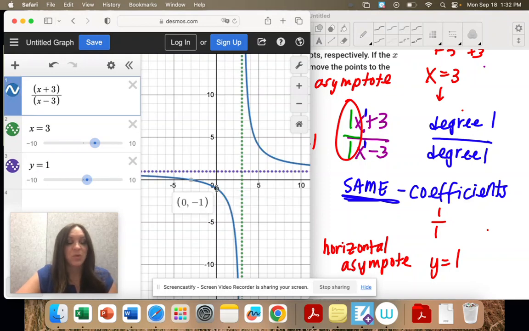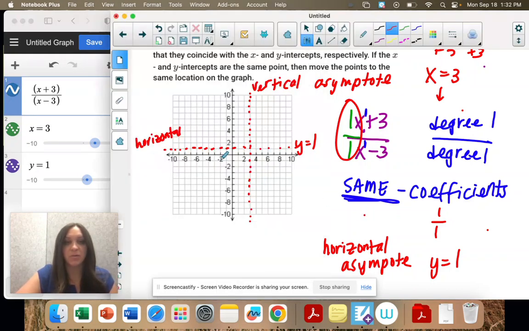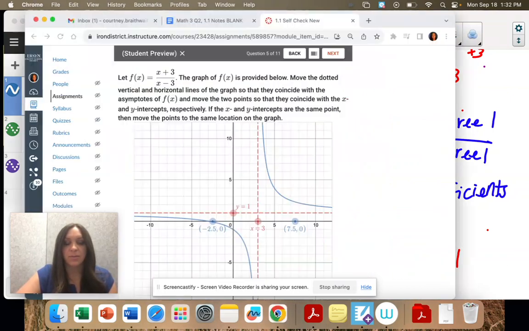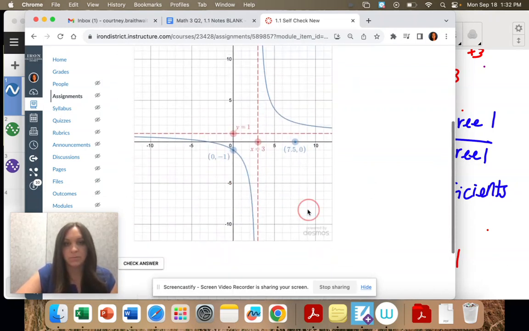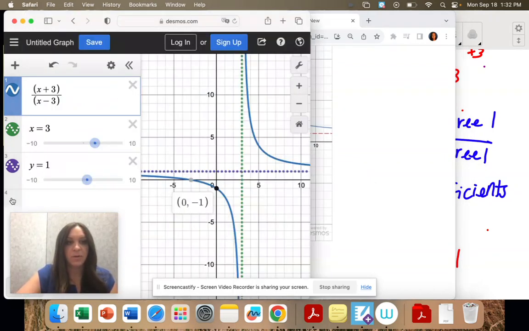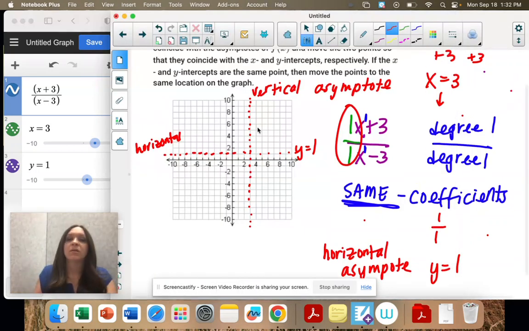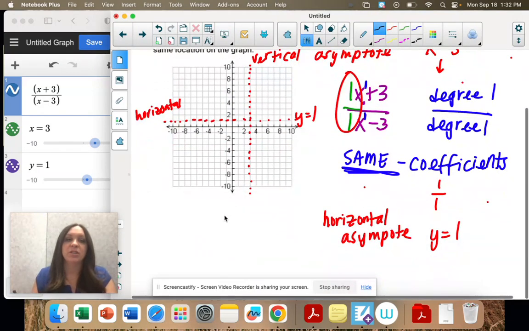I can probably pull those from here. There's our y-intercept, (0, -1). So I'm going to go move that. And then our x-intercept is off the graph somewhere. Let's go find where that is. So I'm going to rewrite my function.